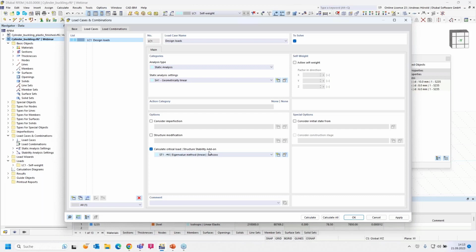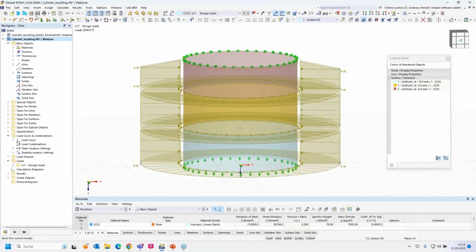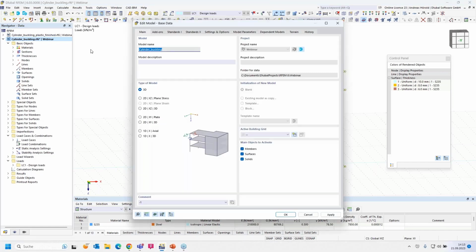This is only activated if you activated the structure stability add-on in the base data. I show you where you can find it. That's the base data. When you create the new file, or you can turn back to that dialog with that button right above.